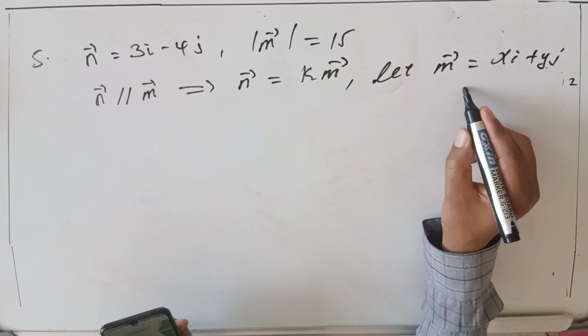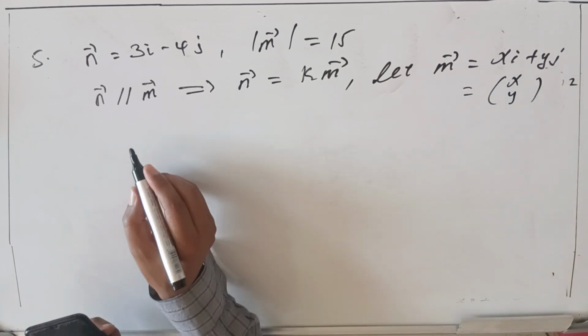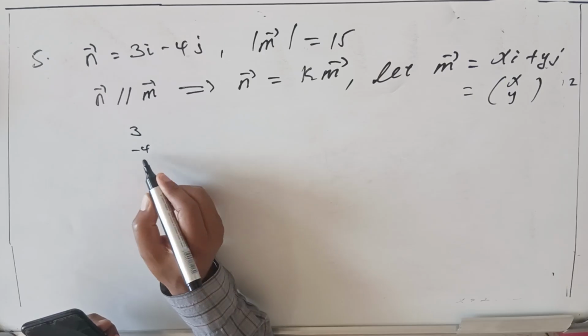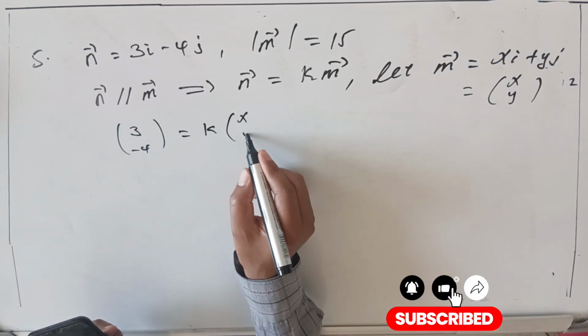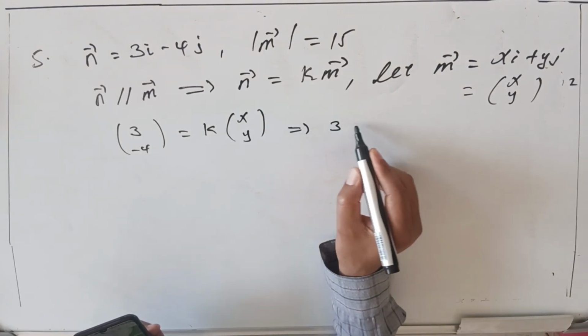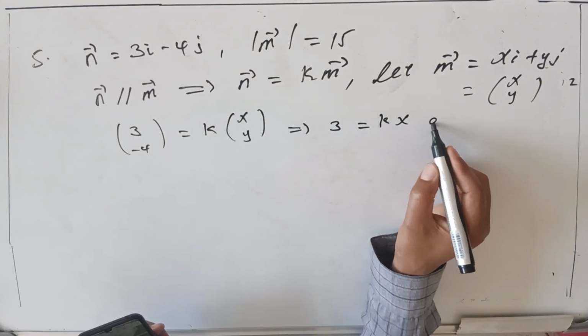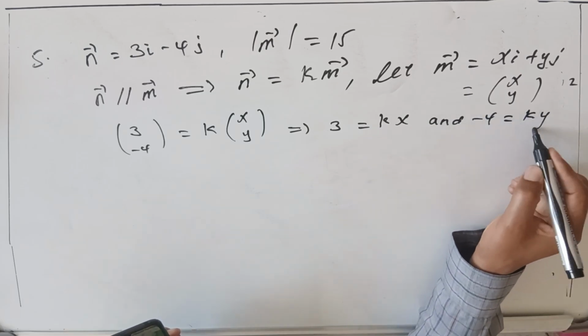The component form of this vector is (x, y). So (3, negative 4) is equal to k times (x, y), because they are parallel to each other. This implies 3 is equal to k times x and minus 4 is equal to k times y.